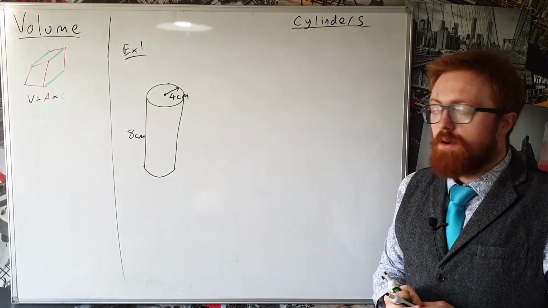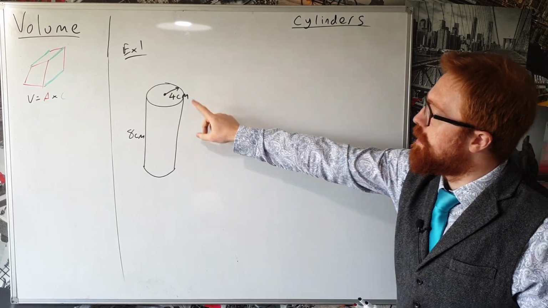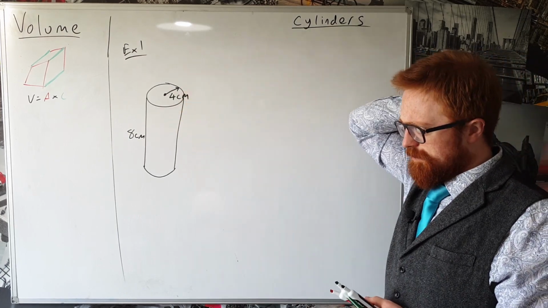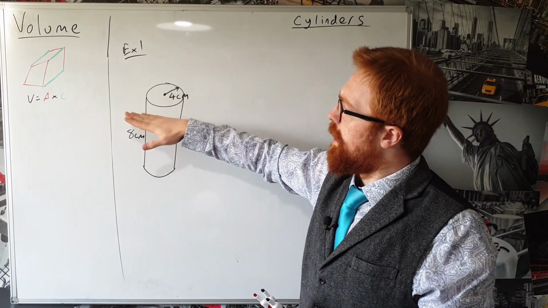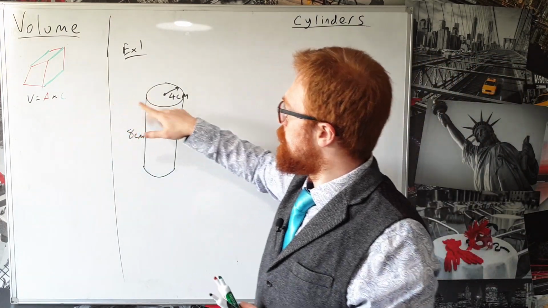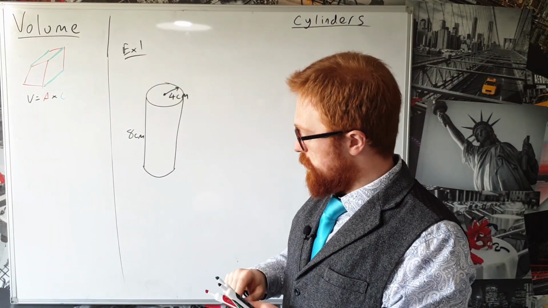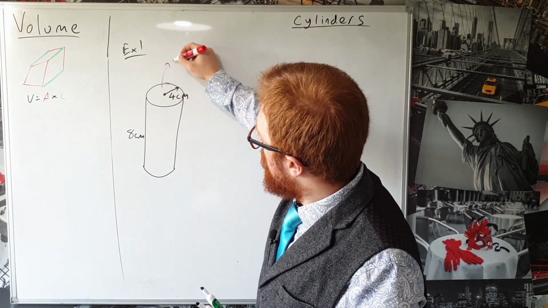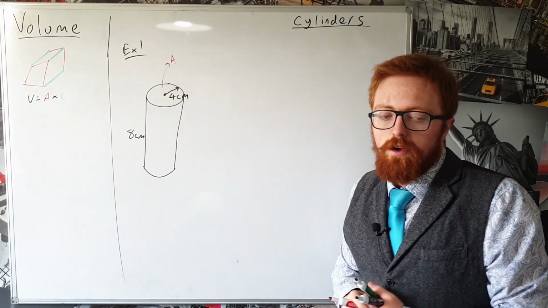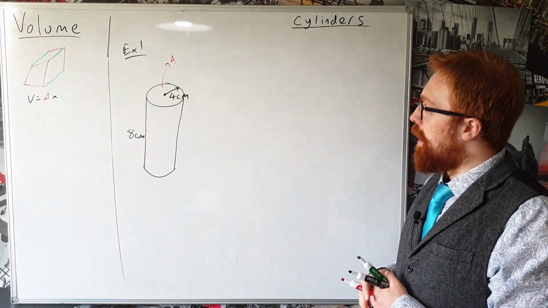Okay, so into our first example, so we've got a cylinder with a circular face, and remember the cross section that we're trying to find is the face that's been stretched. So the area that we're after is the area of this circle on top.